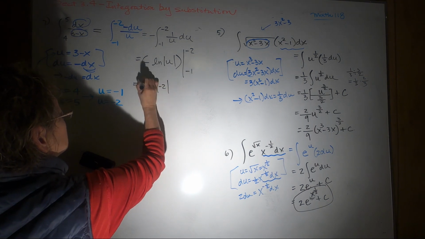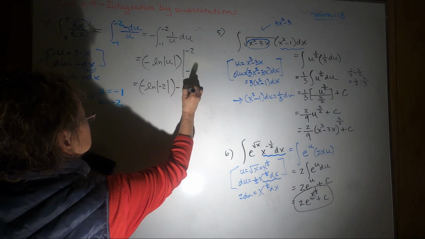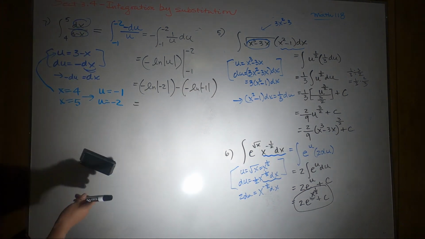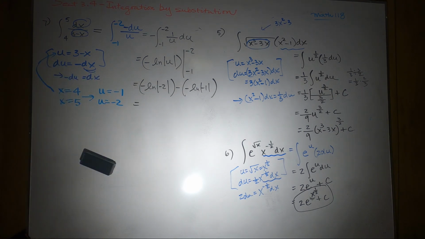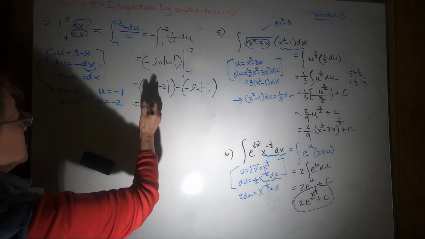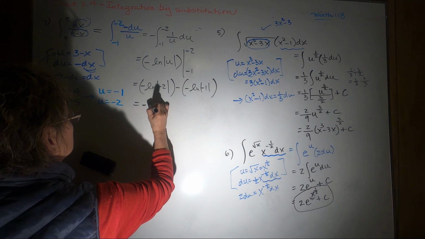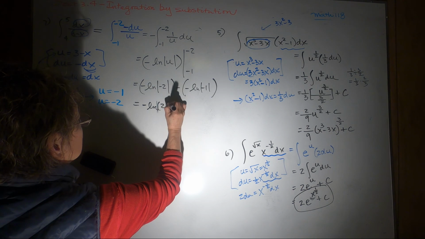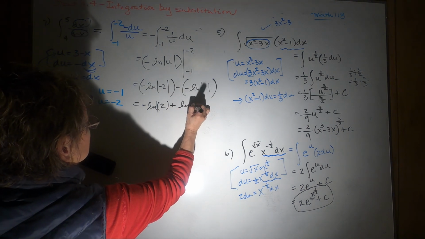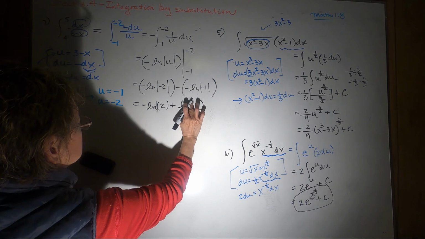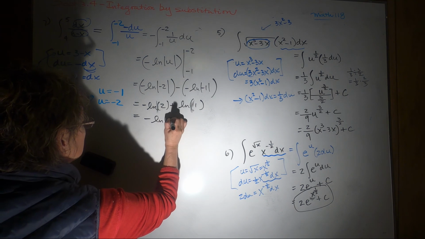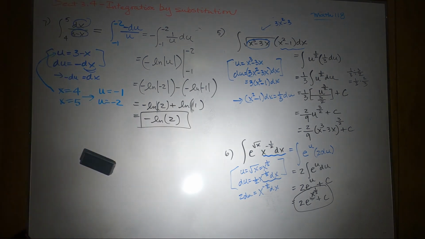So negative 2, that's the first number, minus the second number, that's negative 1, right? Then you know inside of the natural log shouldn't be negative 2, a negative number, right? But after the absolute value, that would be natural log of just 2. Then minus becomes plus natural log of 1, right? Then what is the natural log of 1? Which is 0. So that would be natural log 2. So that would be your answer.